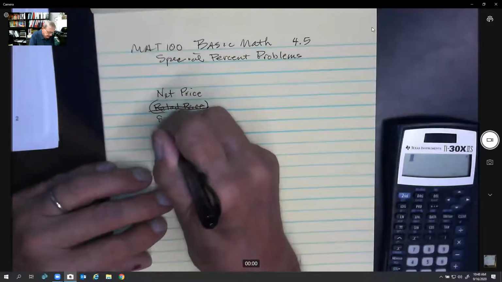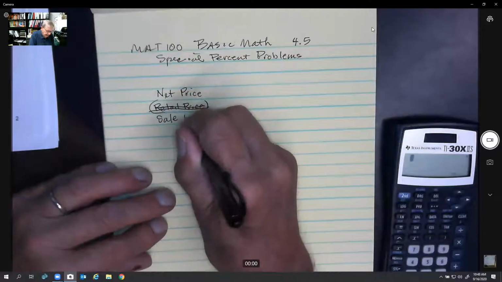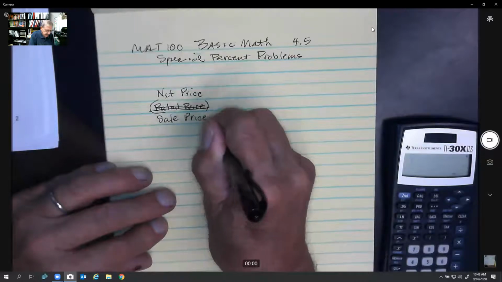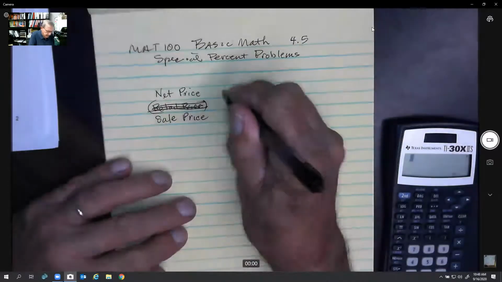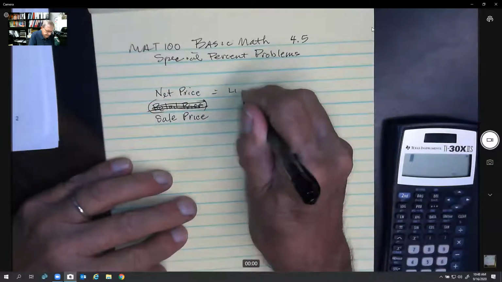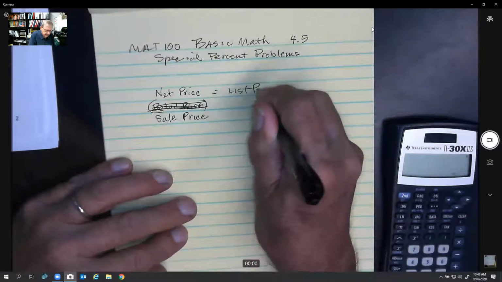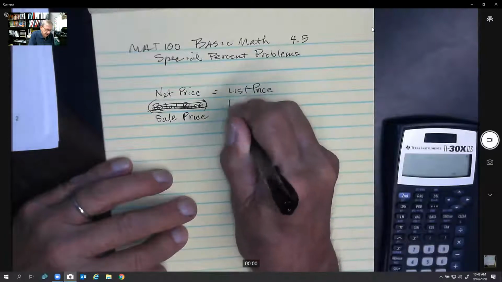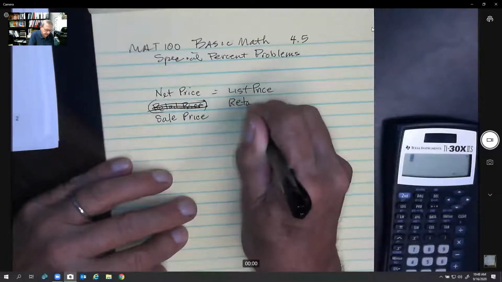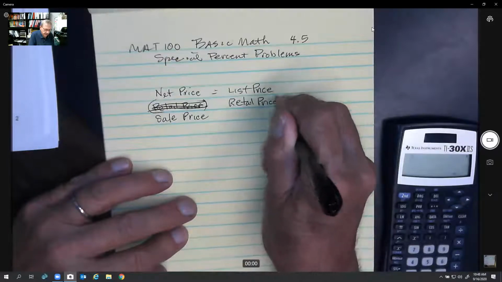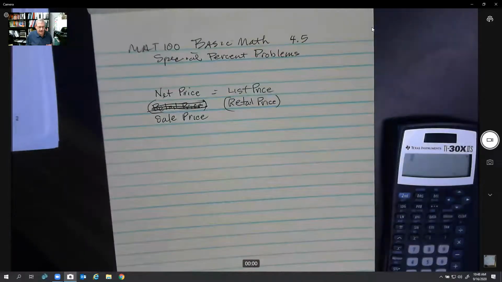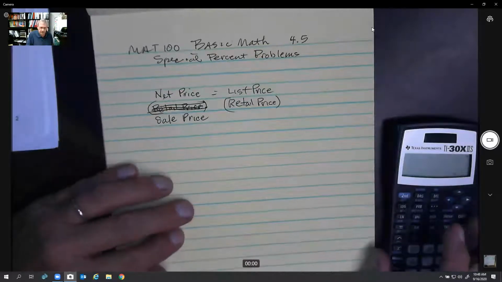That's the price you're going to pay for it. The list price is the retail price. Sorry, I had it backwards. That's the price that has the ticket on it and says what it's supposed to sell for, but maybe they have a 30% off sale or something.